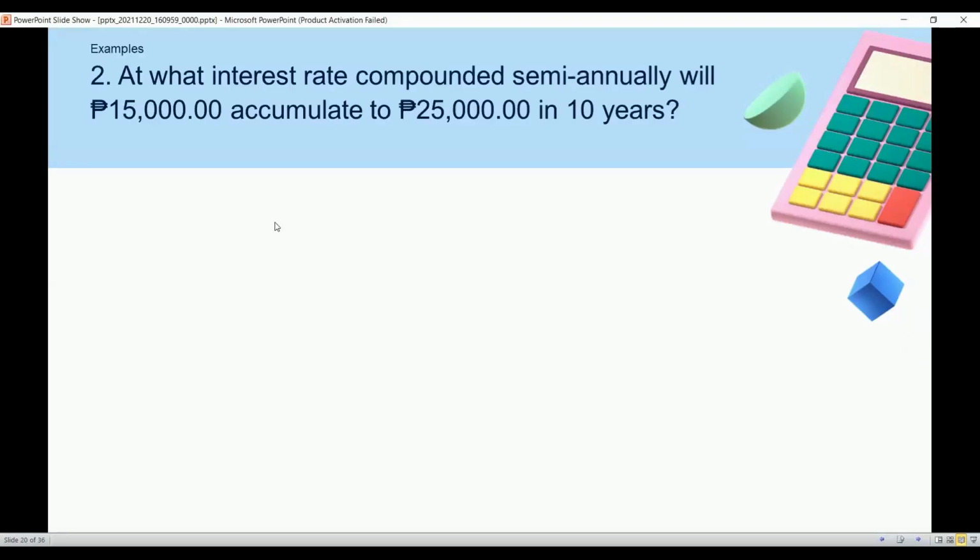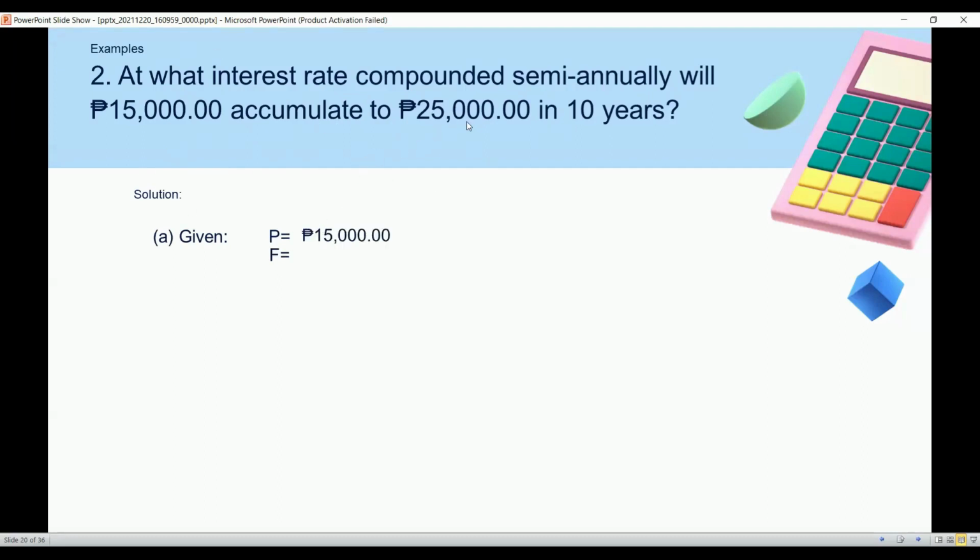So we have here a problem na galing sa ating activity number 2. Ang problem dito ay interest rate ay unknown. At what interest rate compounded semi-annually will 15,000 pesos accumulate to 25,000 pesos in 10 years? So hanapin natin given. For our P, we have 15,000 pesos.